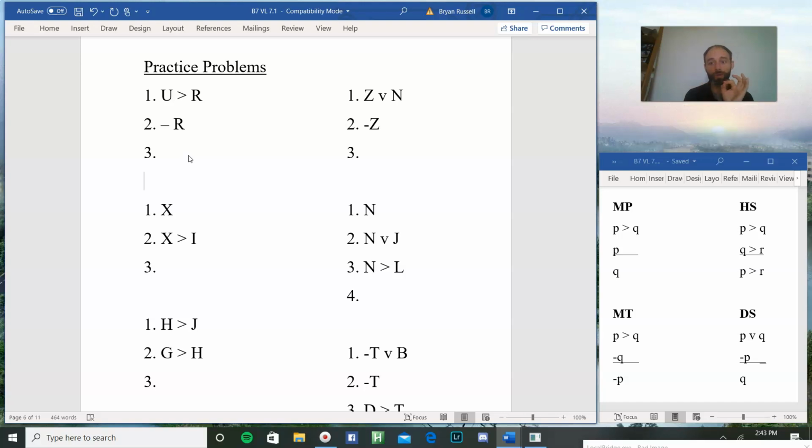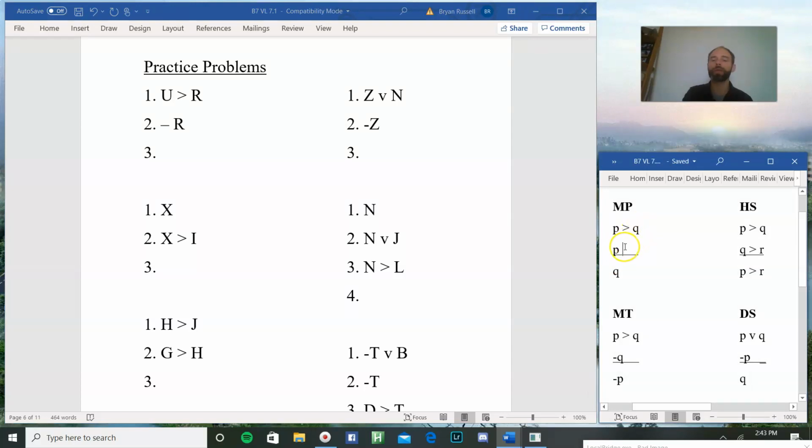We're going to need a rule that has a horseshoe, so that leaves us with MP, MT, or HS. On our second line, we have tilde R, and R was our consequent, so we have the negation of the consequent. Then we have to look at which rule gives us that.